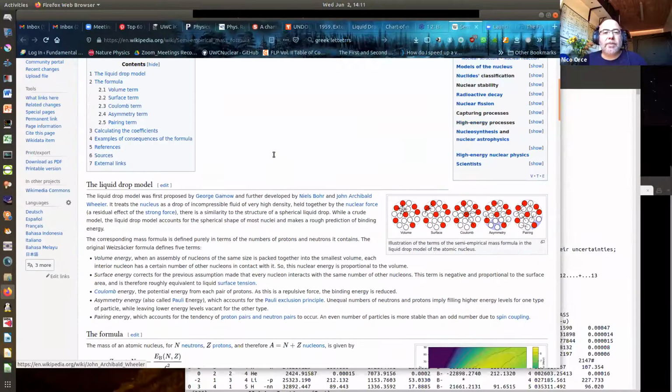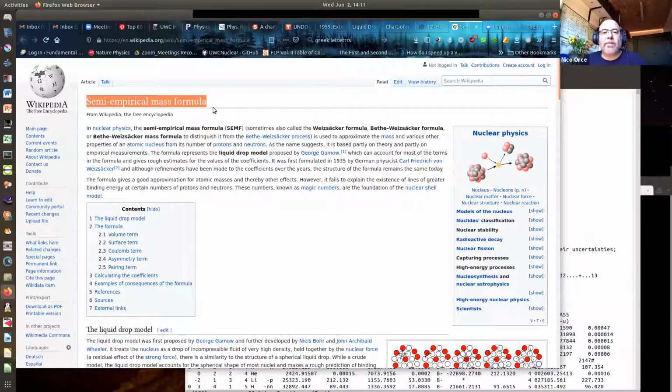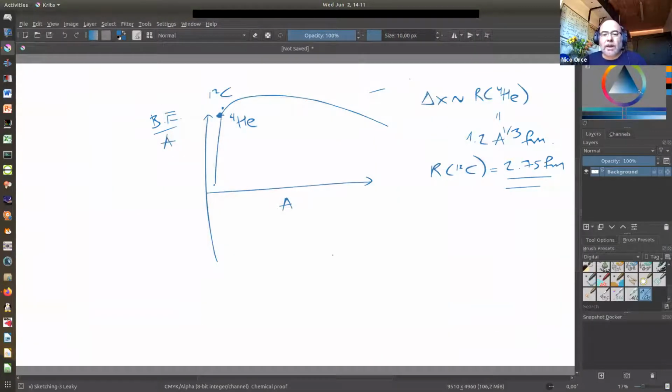But anyway, the purpose of today is to try to understand the physics behind the semi-empirical mass formula, how we can approximate something which is microscopic. As you know, the binding energy is given by the mass of the proton times the number of protons, plus the mass of the neutron times the number of neutrons, minus the mass of the nucleus itself, which we call X_A.